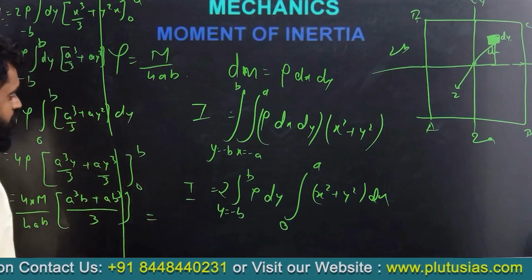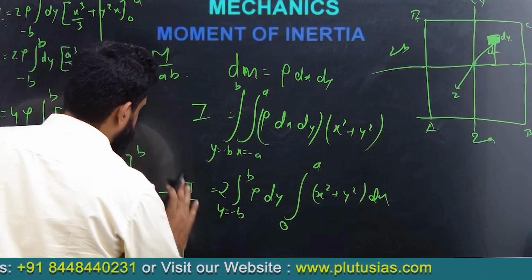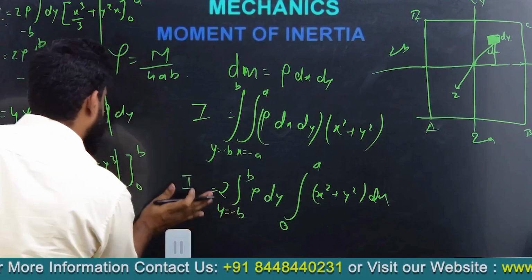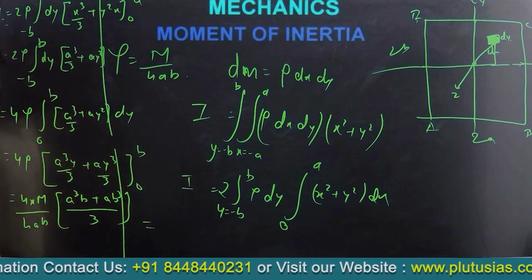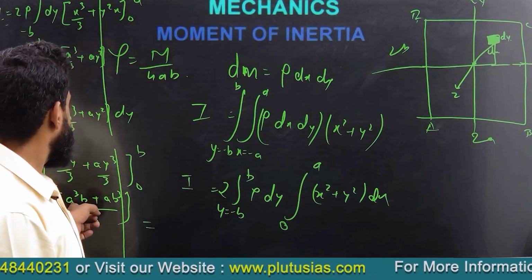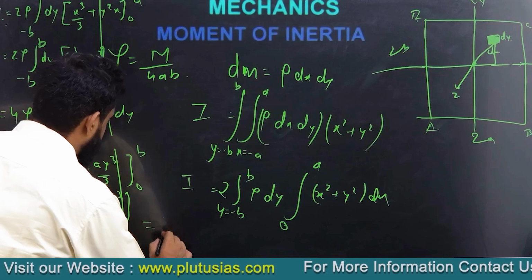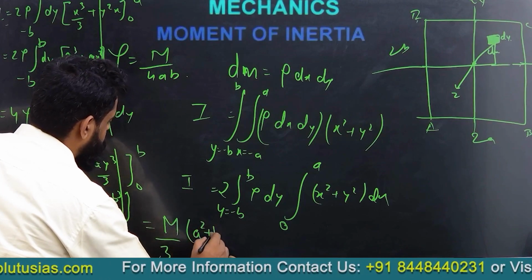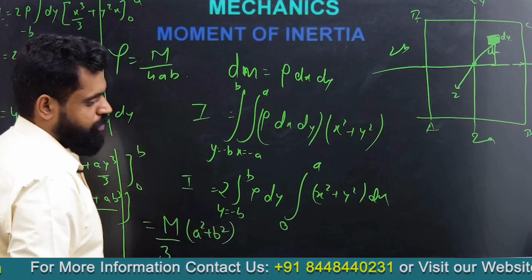Okay, and this is equal to, see 4 cancels out, and if we take the common ab, then we have M upon 3 times a square plus b square.